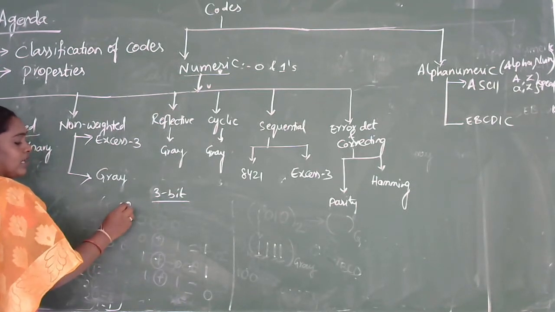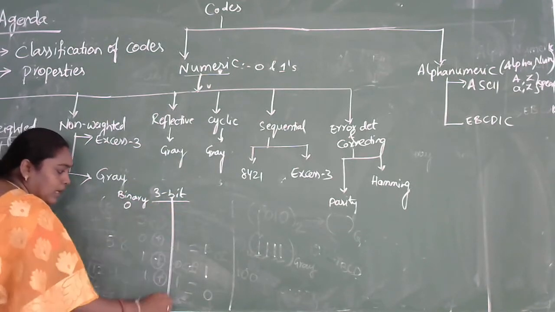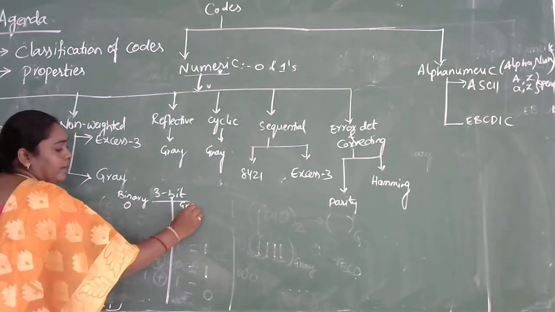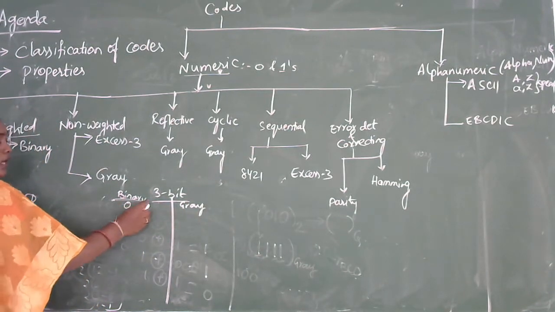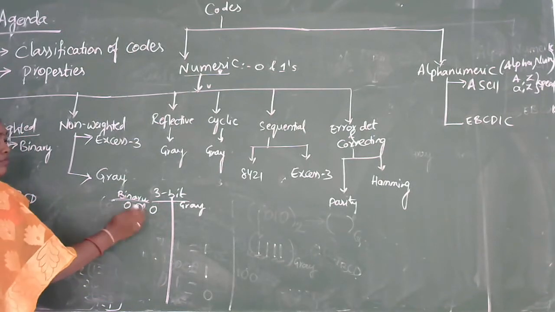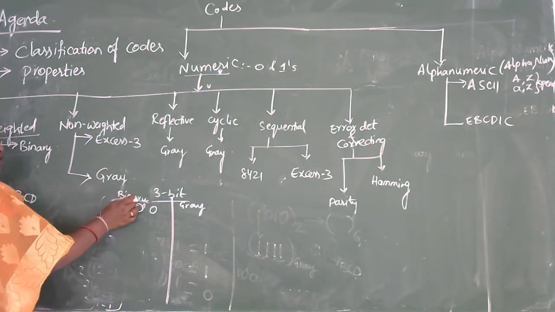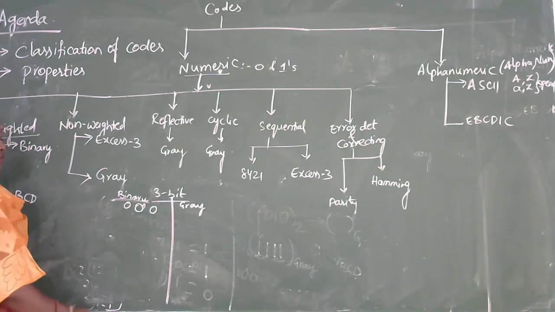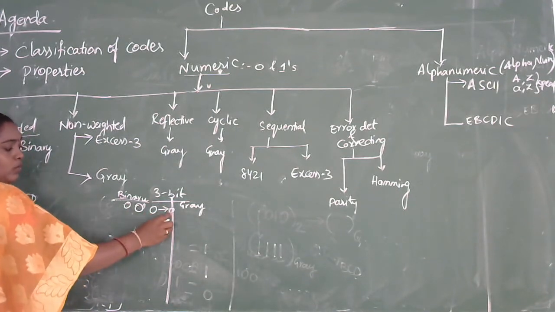First I am writing the binary equivalent of the 3-bit numbers, followed by the gray codes. In binary, the equivalent numbers run from 000 to 111. In other words, if there are 3 digits, the MSB bit has 4 zeros followed by 4 ones. That is, 0 to 7, where the equivalent of 0 is 000.